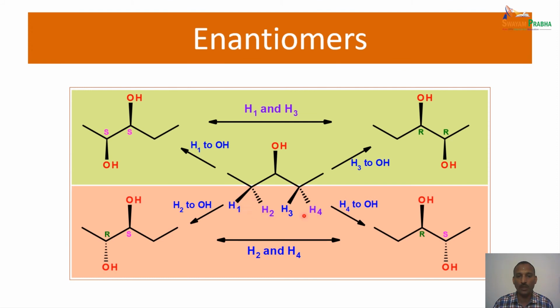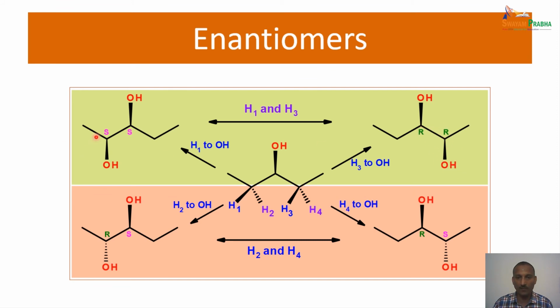All the 4 hydrogens can be replaced with hydroxyl, which leads to different types of compounds. So now we will have to see which two are enantiomers. So if we replace the H1 with OH as shown here, we get the S isomer. And if the third hydrogen is replaced, we get this particular isomer, which is the RR isomer.